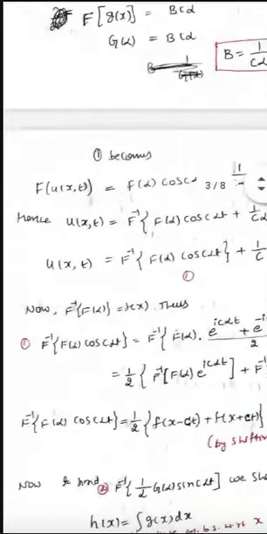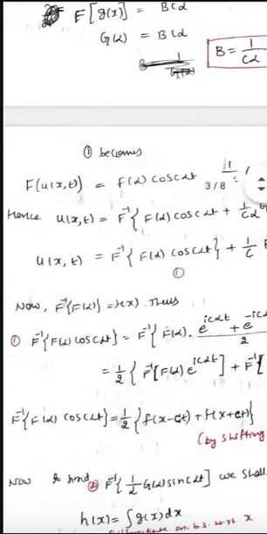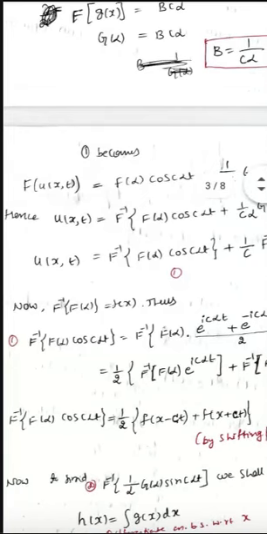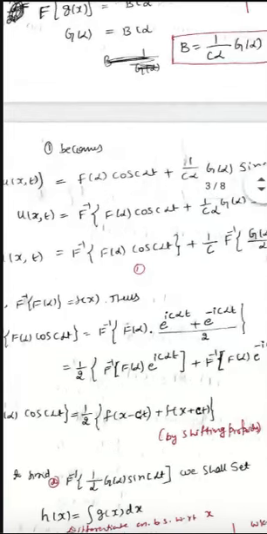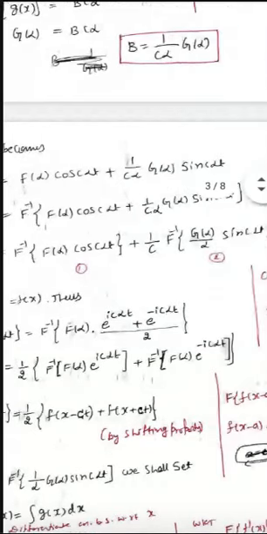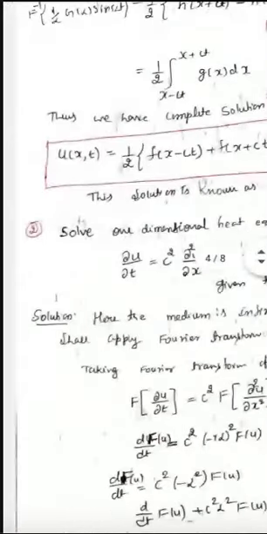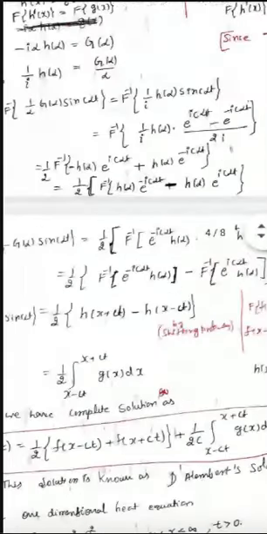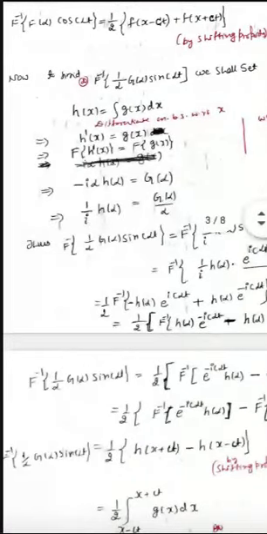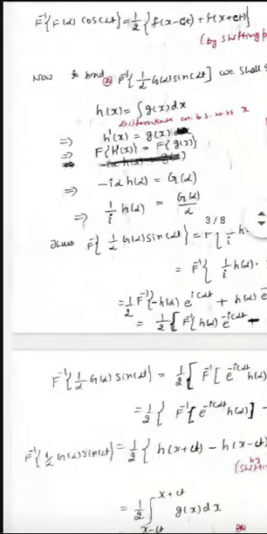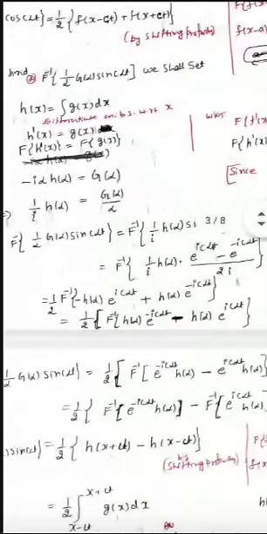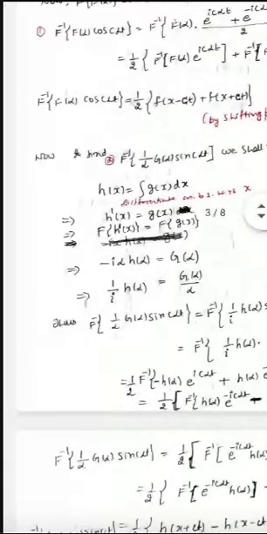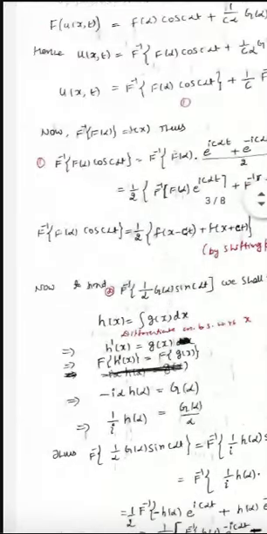Okay. So you got f. You need u, because the wave equation is in the form of u. Solution means what? U only you have to find. So f comes to the right side, f inverse of this one. So find out f inverse of first one, second one. So f inverse of 1 by alpha g alpha sin c alpha t, and h of first you find out first one, f inverse of f of alpha cos c alpha t.